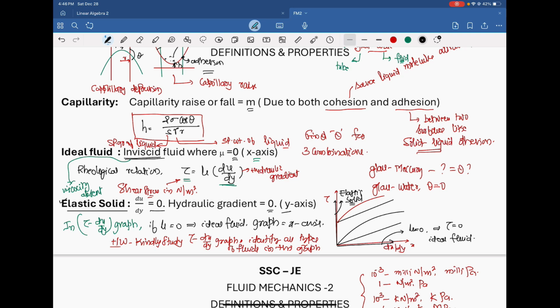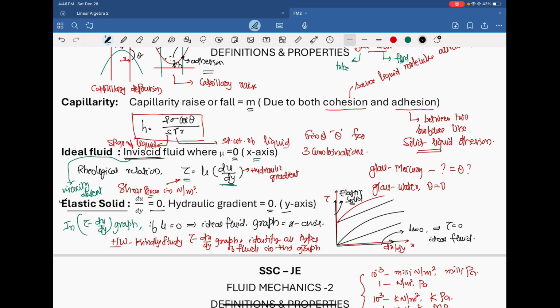If some question is given in a twisted manner also, we should be able to answer it. This is how the questions in SSC JE are being asked, and we will be able to answer them once we are thorough in our concepts.